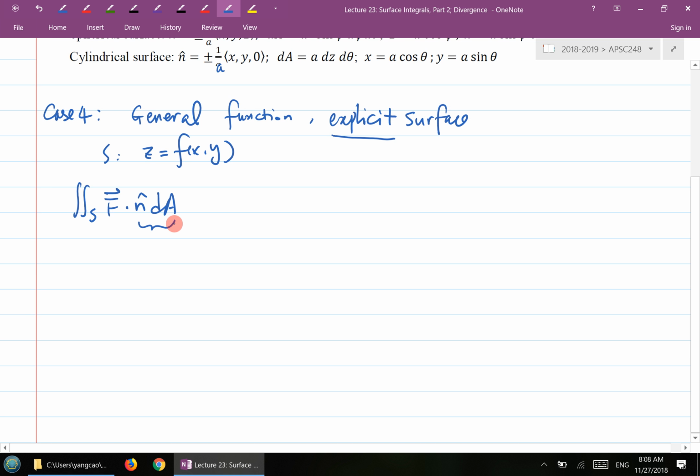First of all, without a proof, this n hat dA equals positive or negative, negative fx, negative fy, and 1, dx dy.